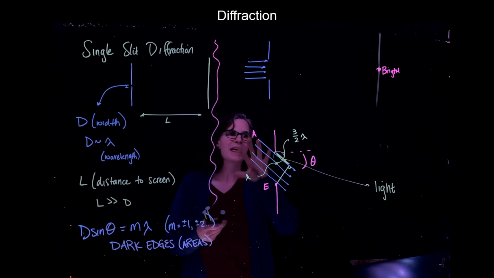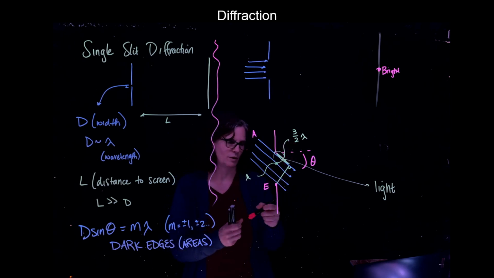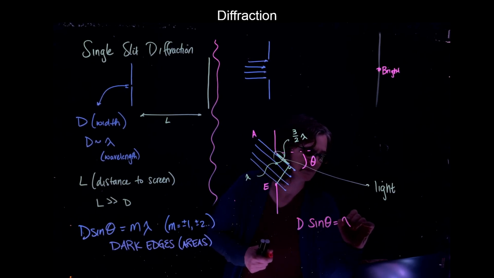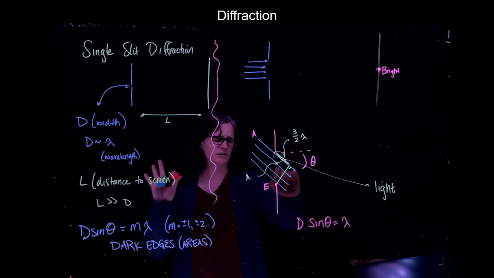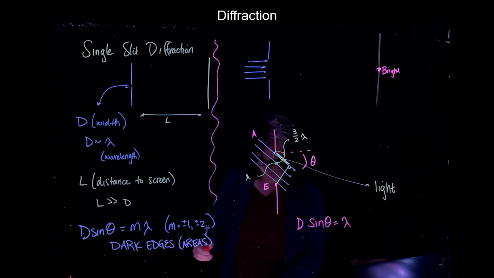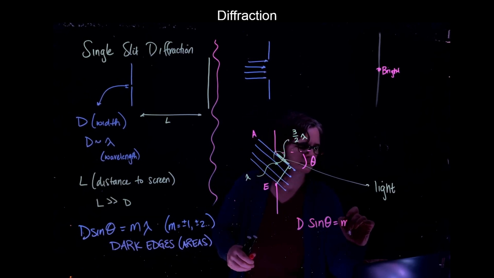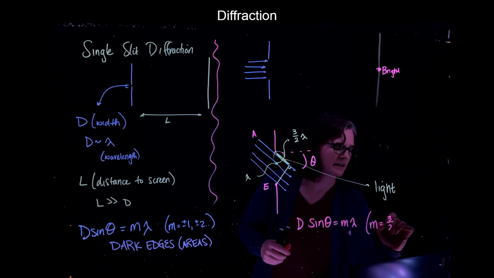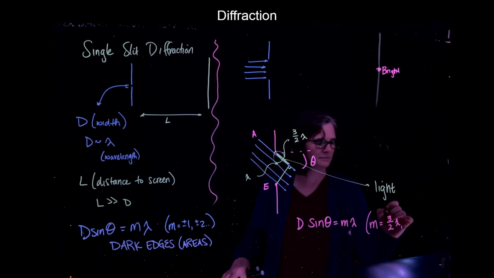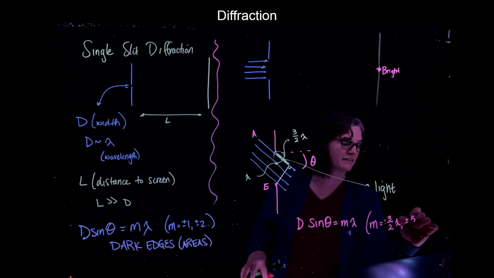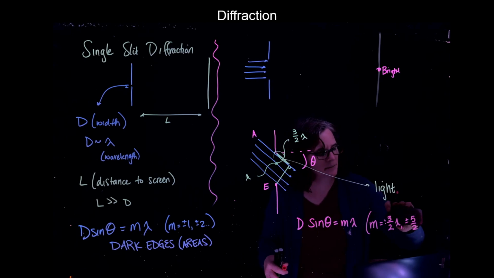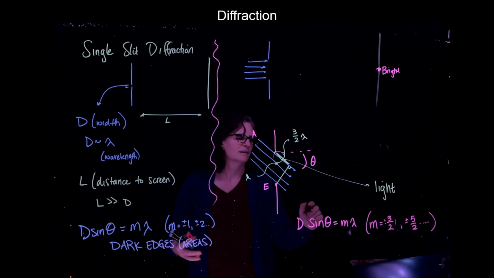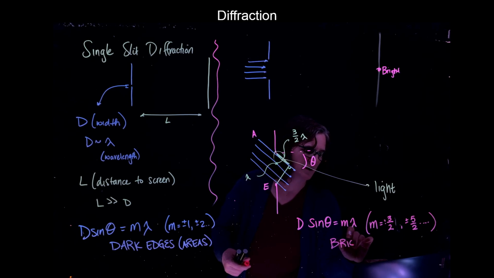So we can turn that 3/2 into an equation where, again, d times the sine of the angle is equal to m lambda. That's just my triangle relationship. That's just trigonometry. Oh, I missed the m. But if m is now 3/2, 5/2, 7/2, and so on, plus or minus, we get our bright spots.